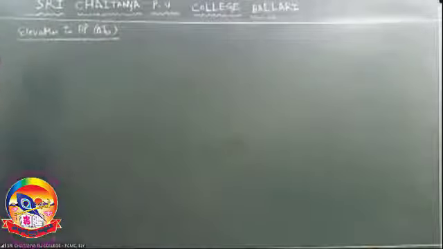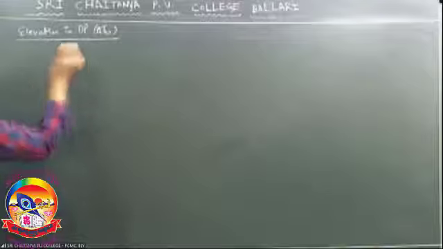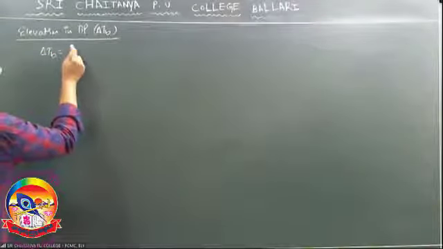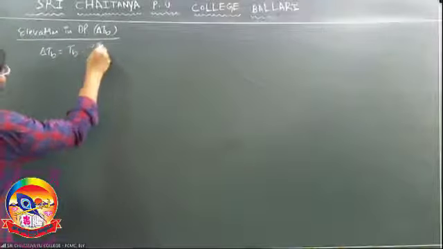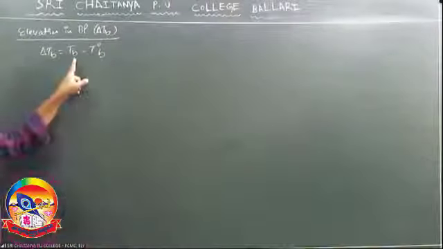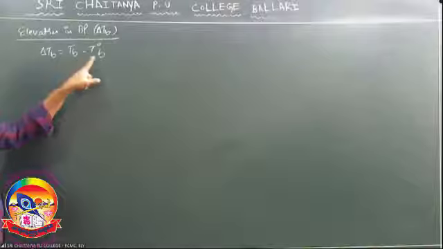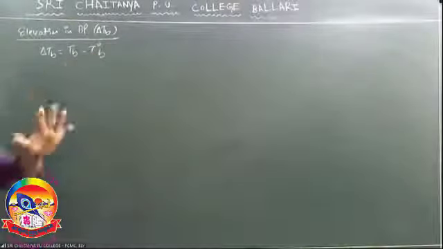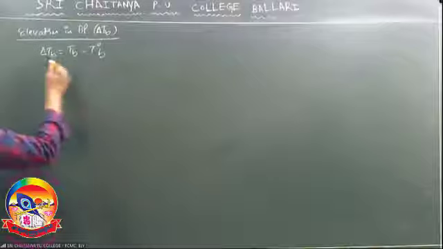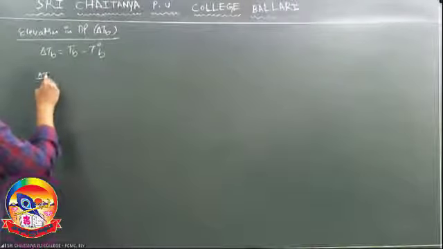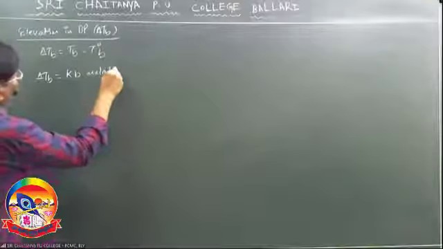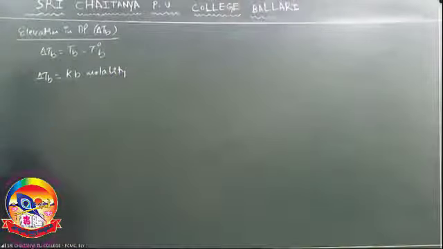The formula is delta TB equals TB minus T naught B. TB is the boiling point of the solution, and T naught B is the boiling point of the solvent. Delta TB is equal to KB into molality. This also we have seen.